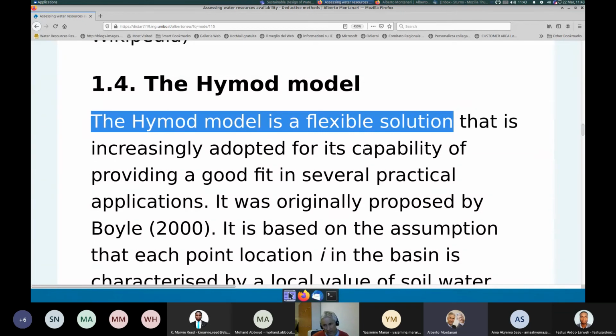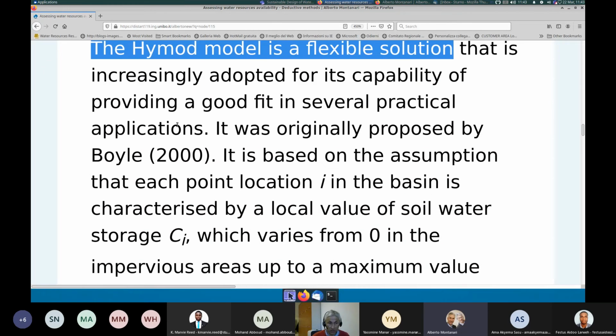And the reason is that it's not flexible enough. On the contrary, the Imod model is increasingly adopted. It was originally proposed just 20 years ago, so it's relatively new.